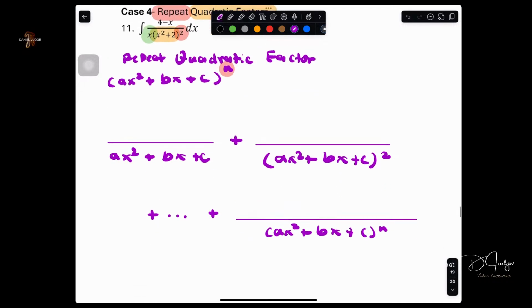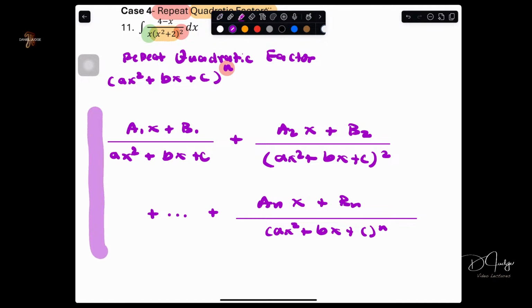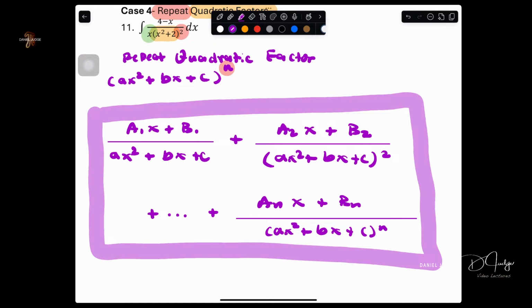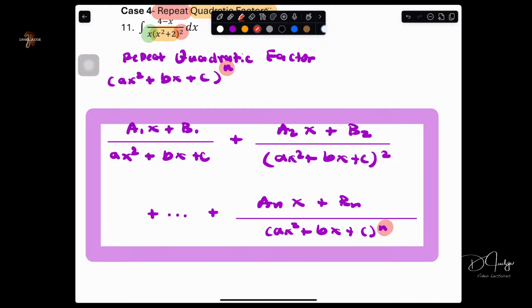We're going to use subscripts: a1x plus b1, a2x plus b2, all the way up to anx plus bn. This is what we do when we have repeat quadratic factors. We start with the first power, we go all the way up to the nth power.